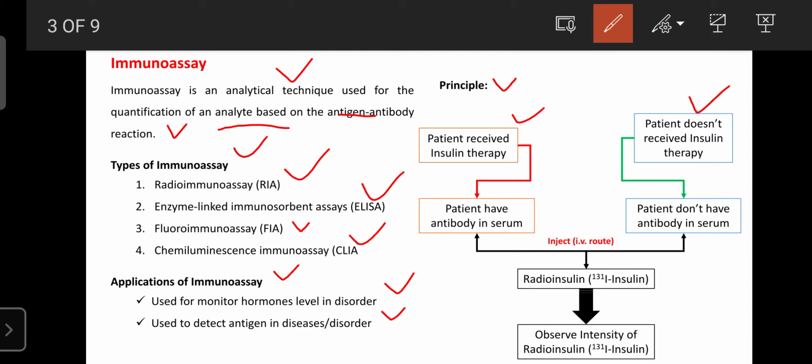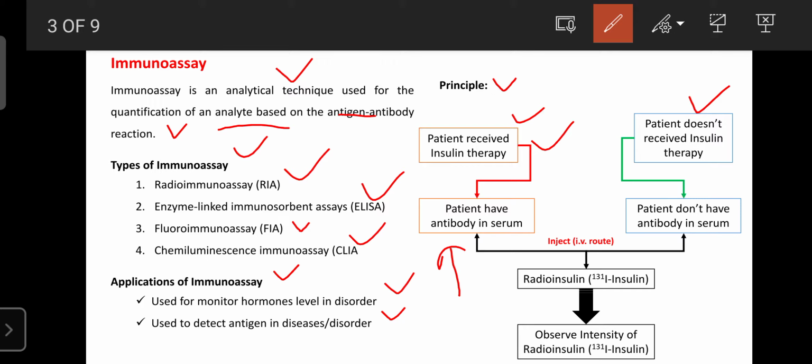Example is insulin. Here the patient received the insulin therapy, and the insulin acts as the antigen. The substances that are exogenous definitely act as antigens to our body. So if those exogenous substances or hormones enter your body, they definitely produce antibodies in the serum.